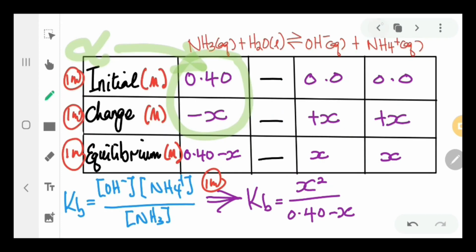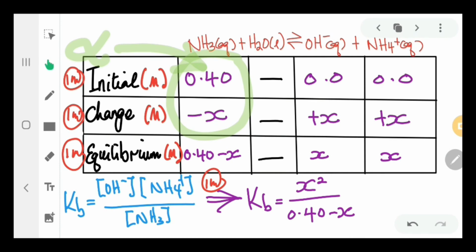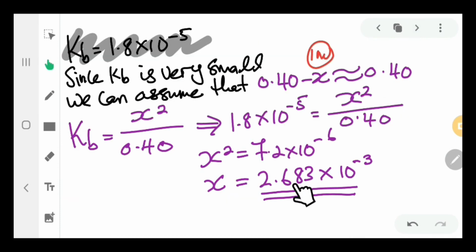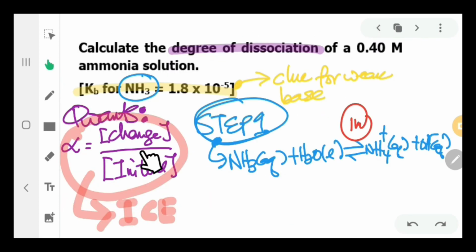And when you look right there, we need to find the degree of dissociation. We have the X already, so we're going to take that value and plug it into this equation right here.